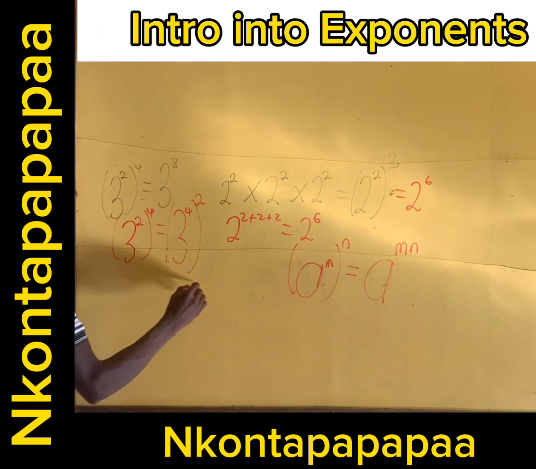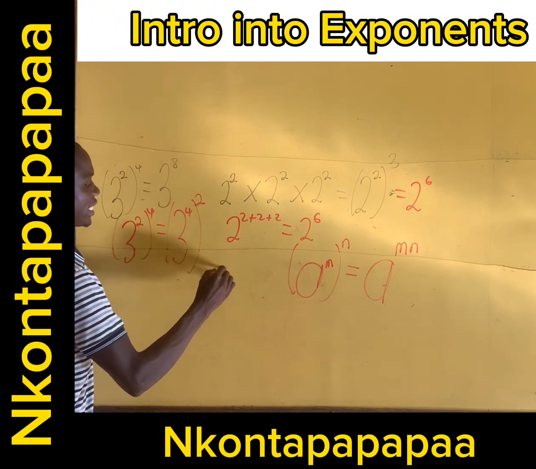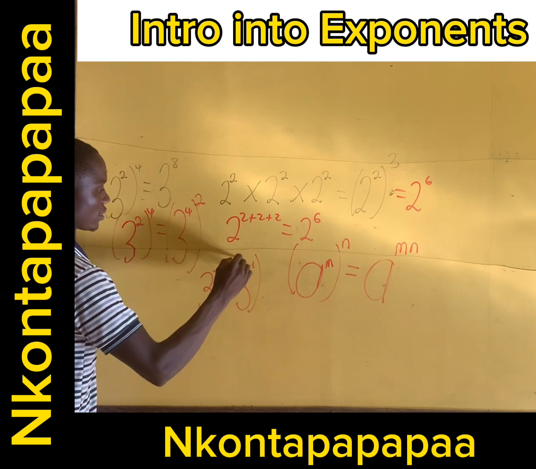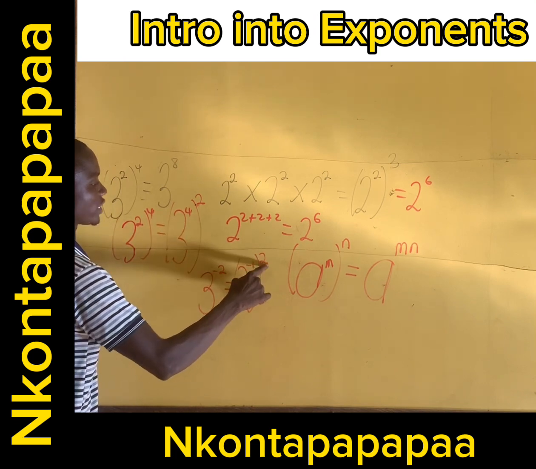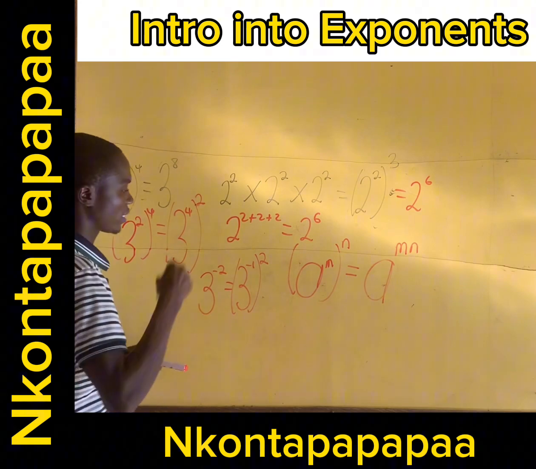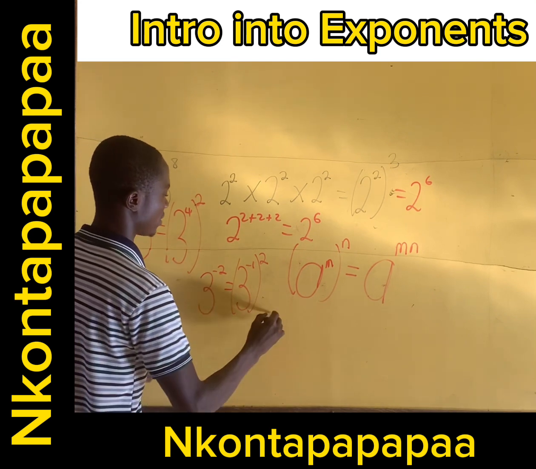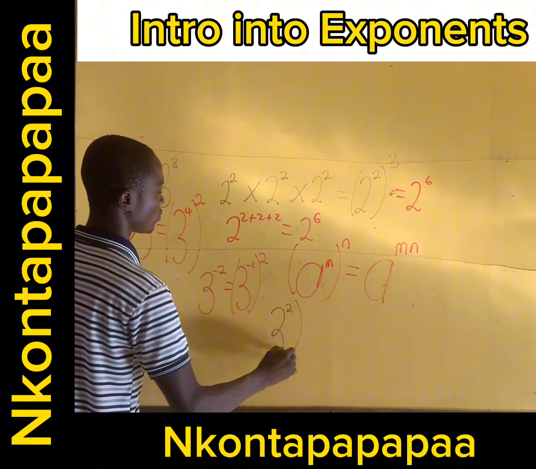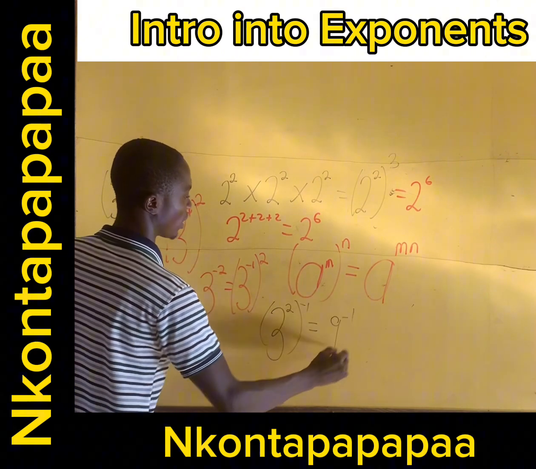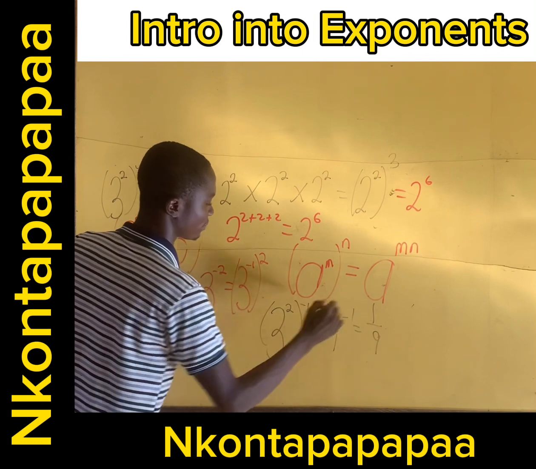You can interchange the powers based on what you want to use it for. Now, if I have 3 exponent negative 2, this is the same as 3 exponent negative 1, power 2, because 2 times negative 1 will give me negative 2. Or we can write this as 3 exponent 2 power negative 1, which is the same as 9 power negative 1, which is 1 out of 9.